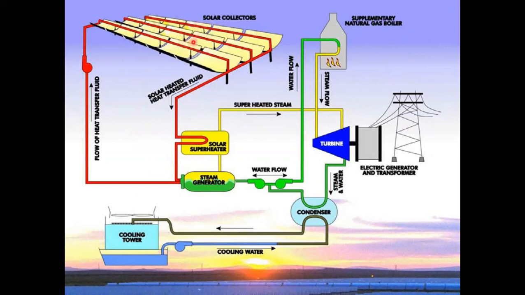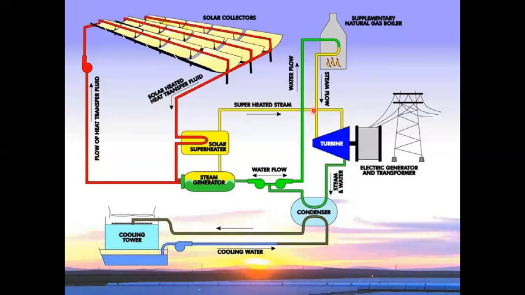Okay, so these are the parabolic collectors. Here we can see solar heat is transferred to the fluid, and this is used in the steam generator. Then here we will get the superheated steam.